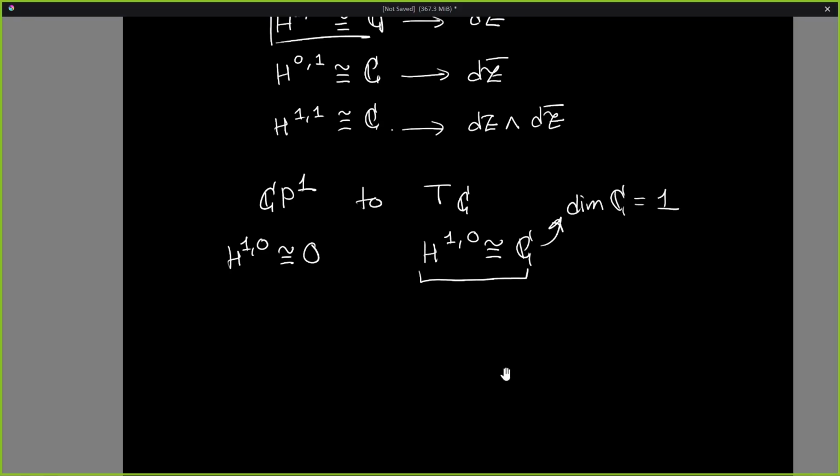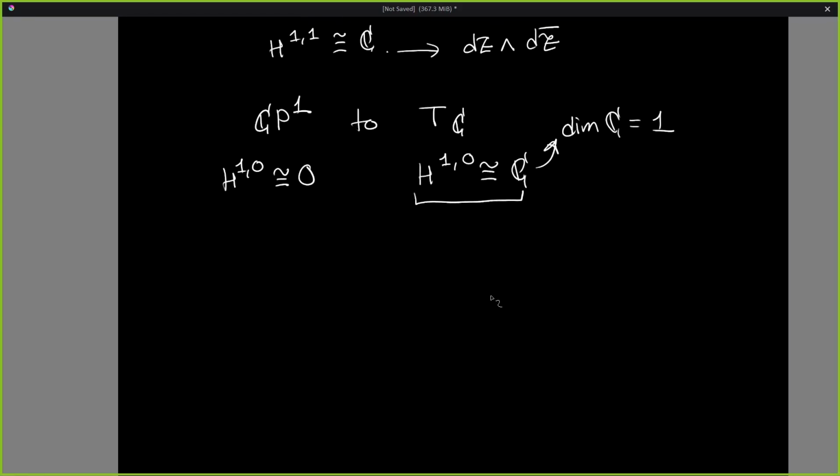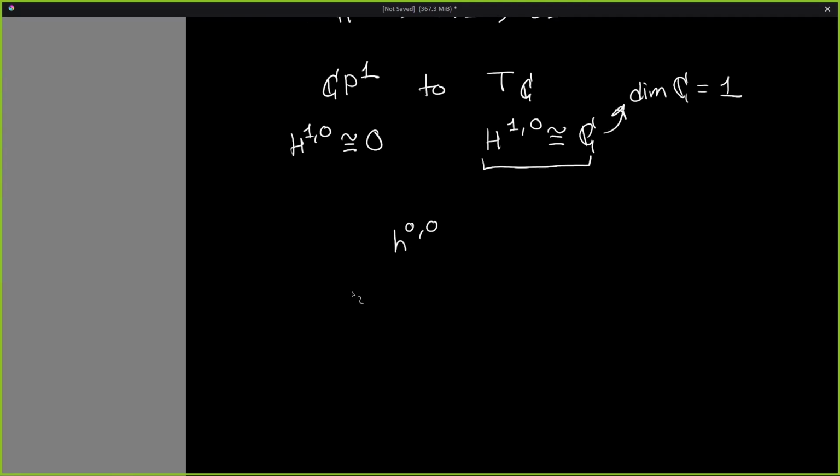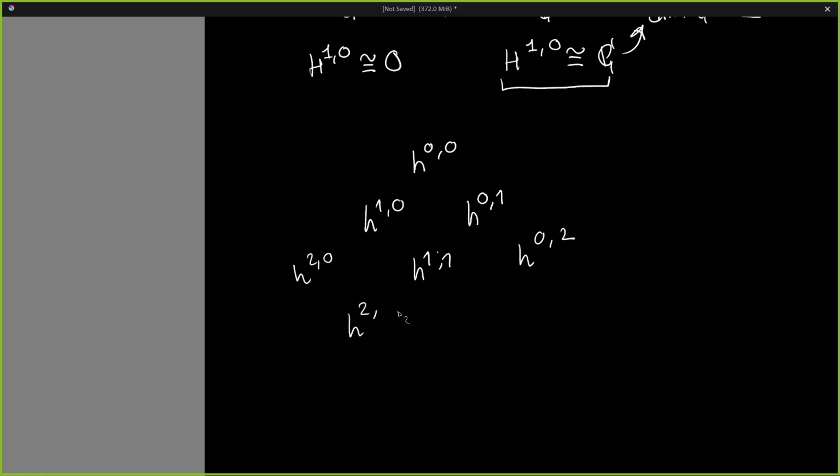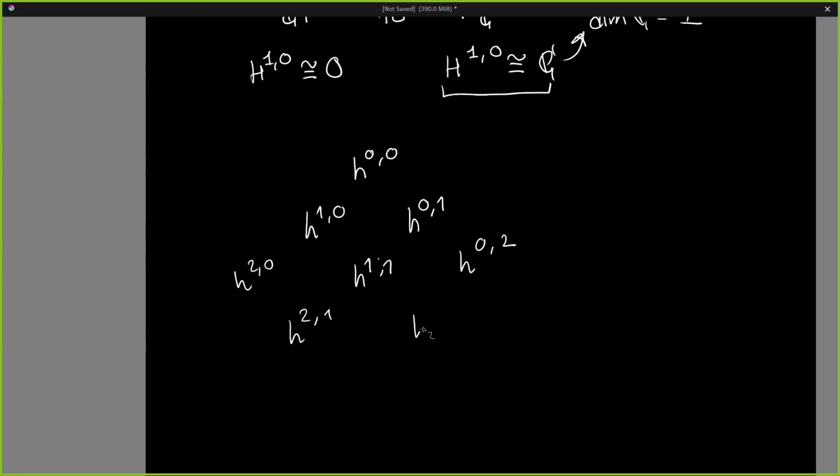If we plot out their Hodge numbers in this pattern, H00, H10, H01, and H11, and if you had a higher dimensional complex manifold, you would have H02 here, H20, then here H21, and here H12, etc. And then you'd get a bigger pattern. This is called a Hodge diamond.